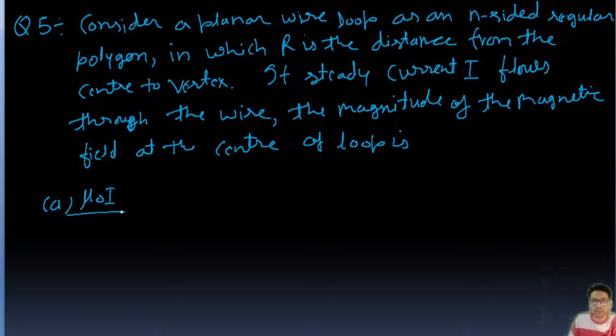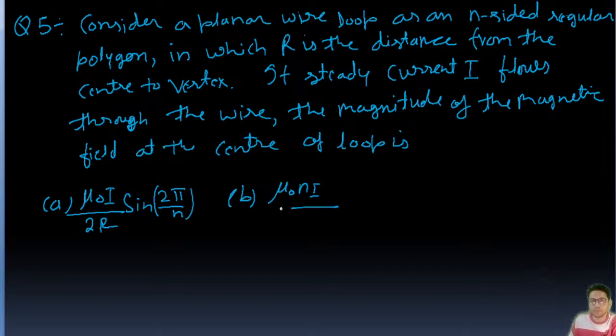Options are: option A, mu 0 I upon 2r sine 2 pi upon n. Option B is mu 0 nI upon 4 pi r sine pi upon n.